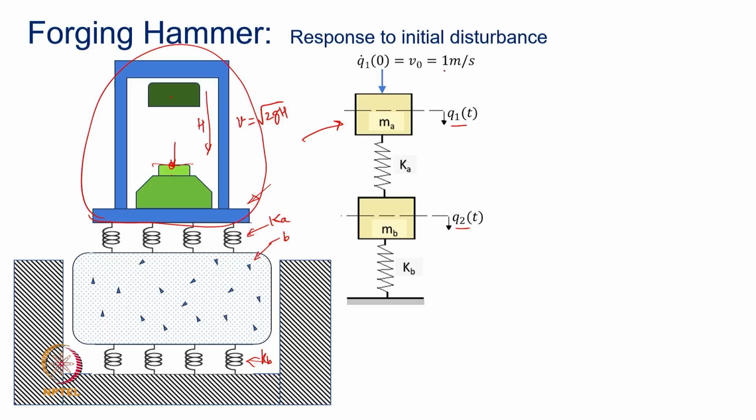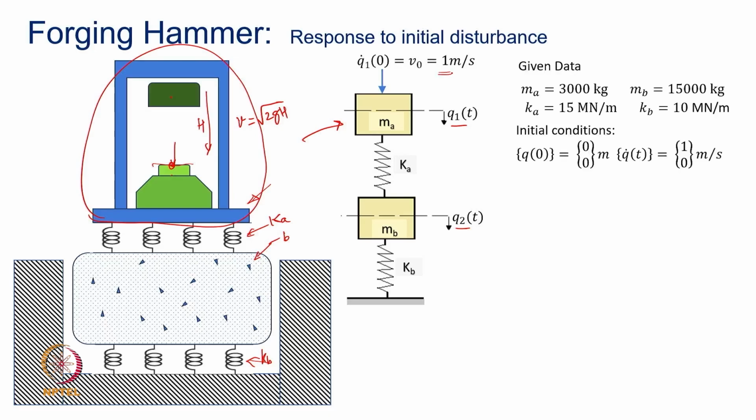So, based on the parameters, let us say as an example, the initial velocity imparted is equal to 1 meter per second. Now, if you use the data which is shown here, the initial conditions can easily be prescribed like this, because at the equilibrium condition, the anvil is sitting pretty, the concrete base is stationary in their own equilibrium positions, and you describe q1 and q2 as the physical responses about that mean equilibrium position.